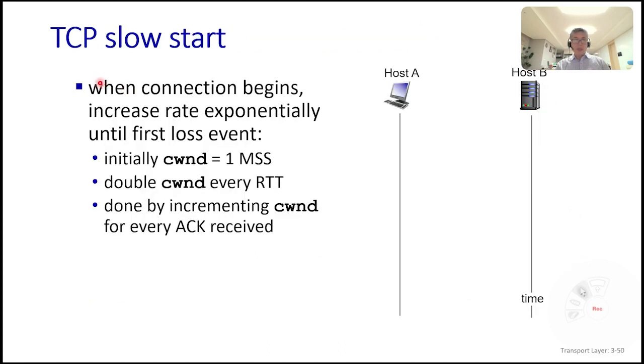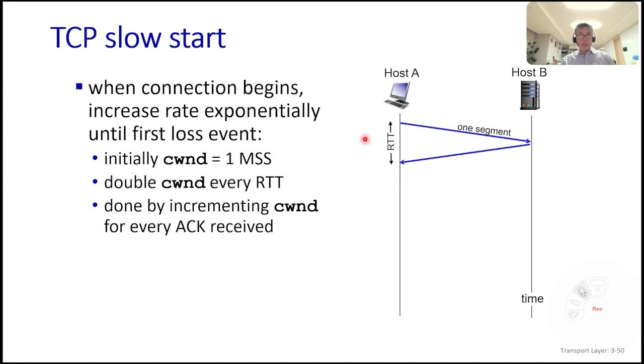So we have two parts of TCP congestion control. The first one is TCP slow start, the second one is congestion avoidance. In slow start, initially CWND is one maximum segment size, just one segment.